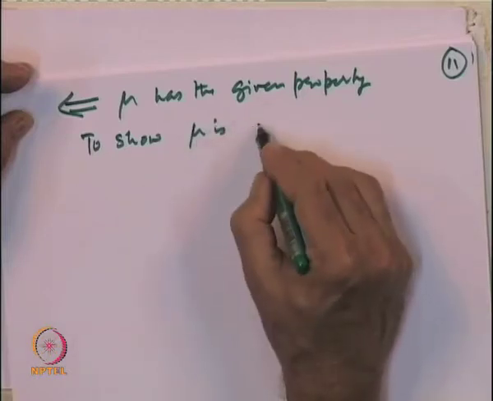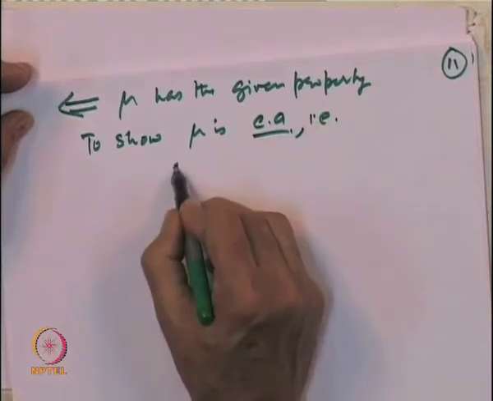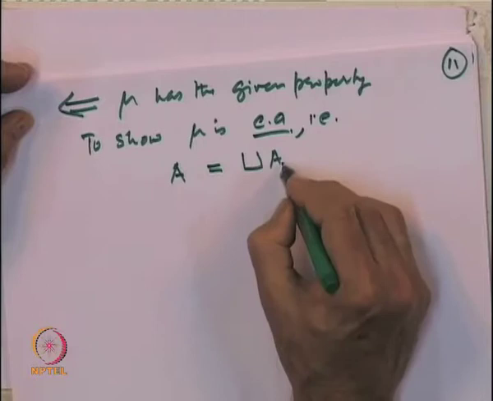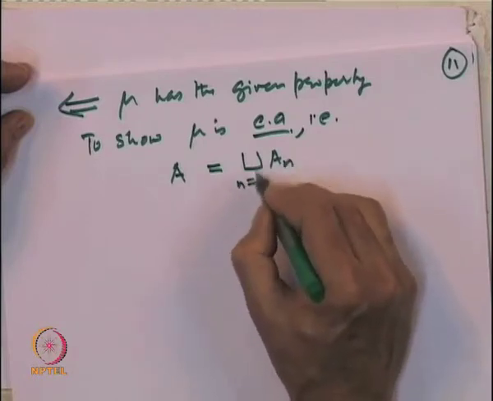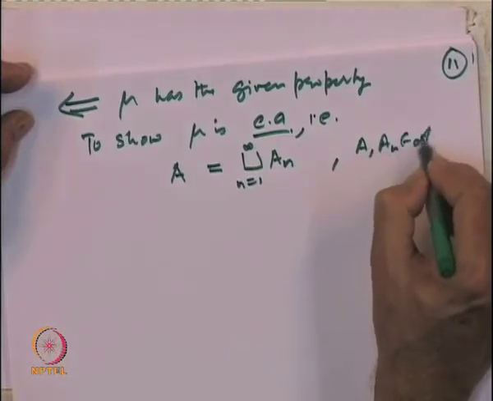mu is countably additive. That is, let us take a set A, which is a disjoint union of sets A n, n equal to 1 to infinity, where A and all A n's are in the algebra.